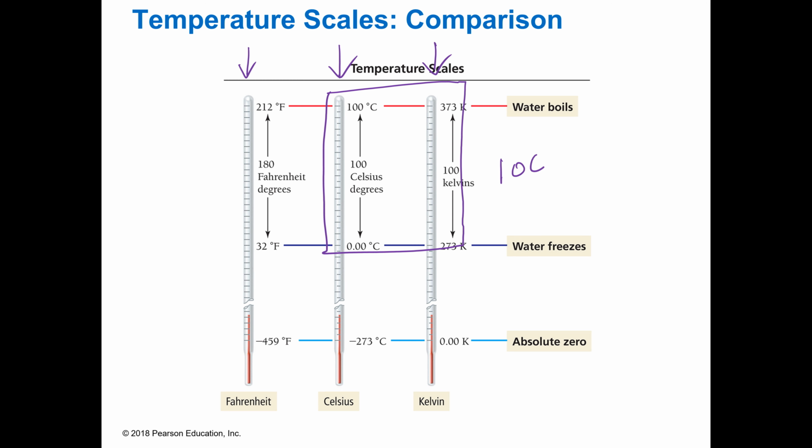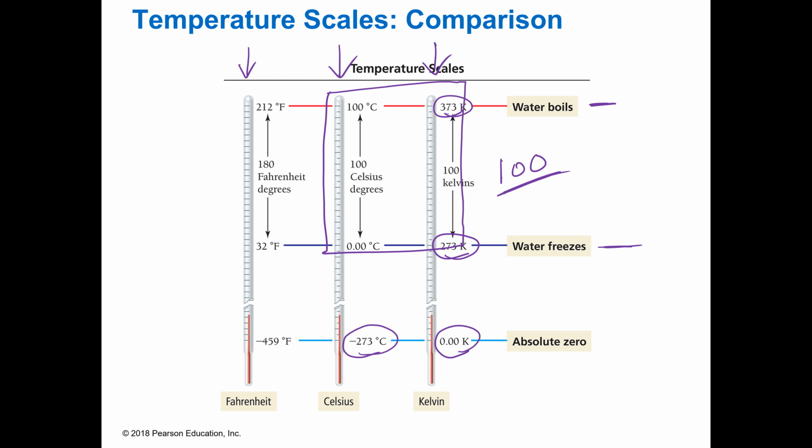The freezing point of water is 0 degrees Celsius, and the boiling point of water is 100 degrees Celsius. In Kelvin, it's 273 to freeze and 373 to boil, but notice it's a difference of 100 units. So 0 Kelvin is actually negative 273 degrees C.